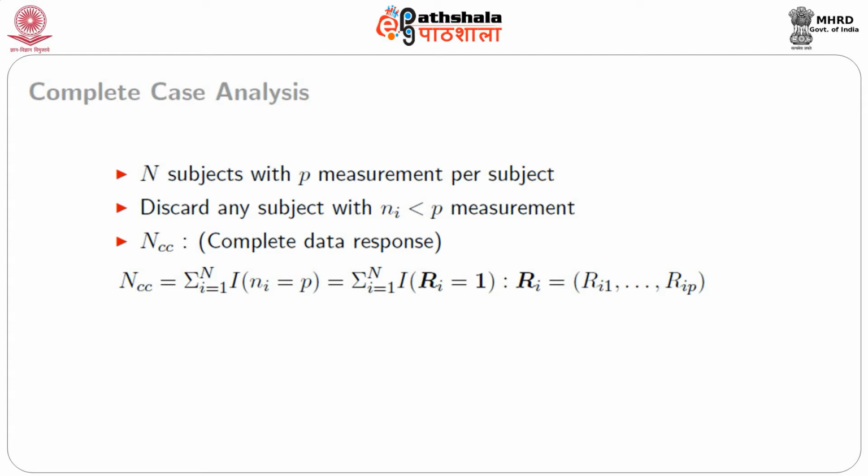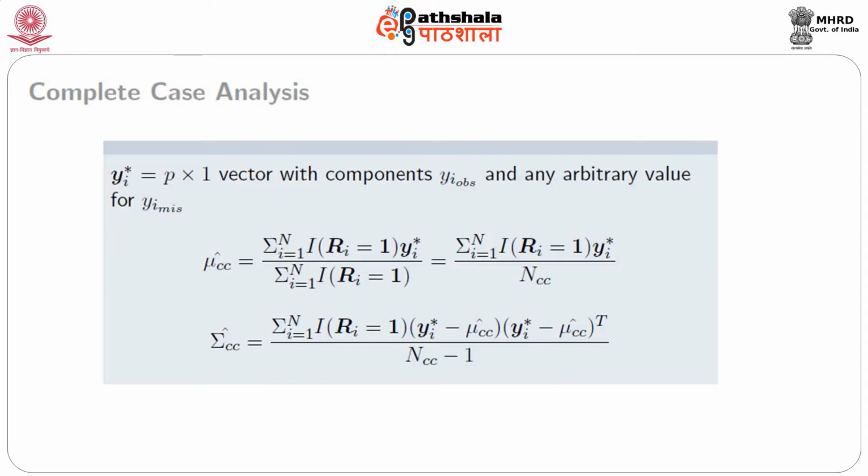So, the number of complete cases is NCC, equal to the summation of i running from 1 to n of the indicator of whether Ri is 1, where Ri is Ri1, Ri2, up to Ri-Ni.